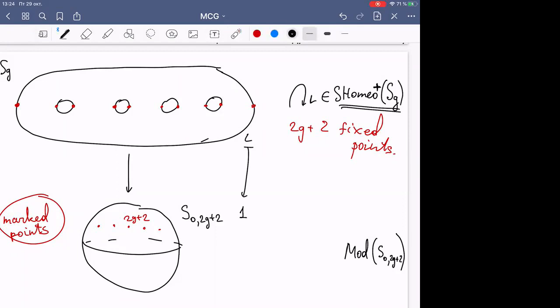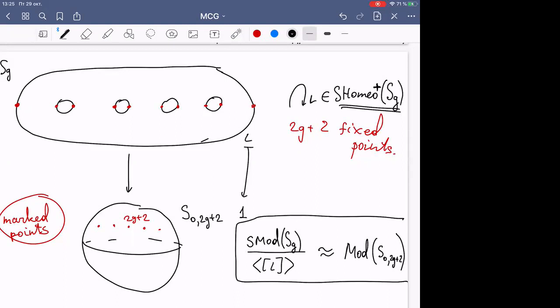So the correct formulation here is that we have the symmetric mapping class group of a closed surface, and we must take the quotient by the mapping class of this hyperelliptic involution, and only after that it is isomorphic to the mapping class group of the sphere with 2g plus 2 punctures.